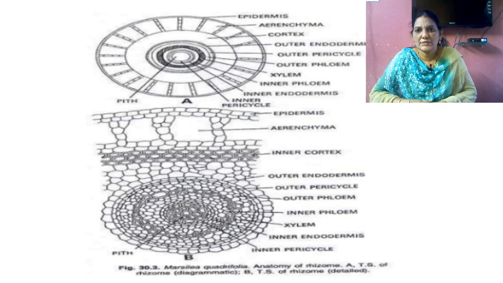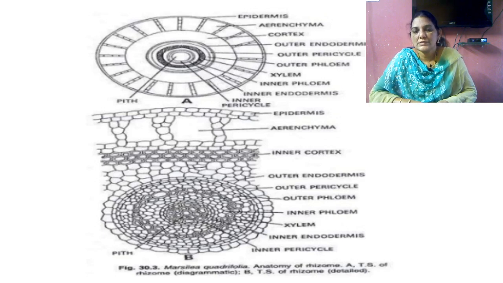Next, below the outer cortex, the middle cortex is present. The middle cortex is made up of parenchyma tissue, and only 2 or 3 layers are made up of sclerenchyma tissue.